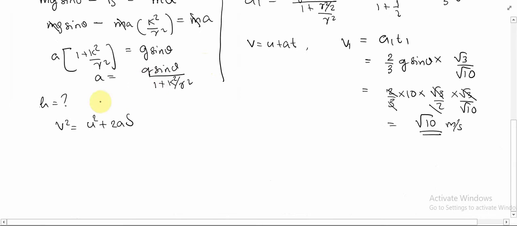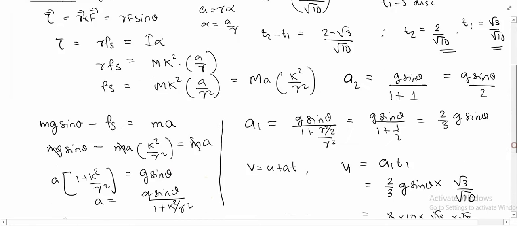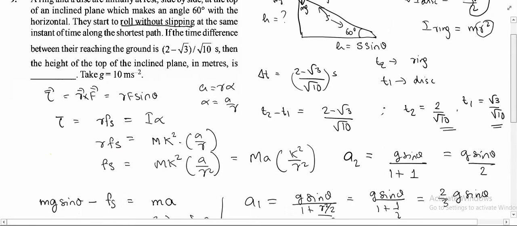So our final velocity of the first body, that is v1 square, is equal to initial velocity 0 plus 2 a1 into s, where s is given by h divided by sin theta.